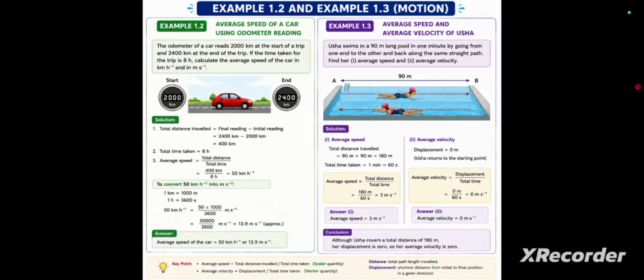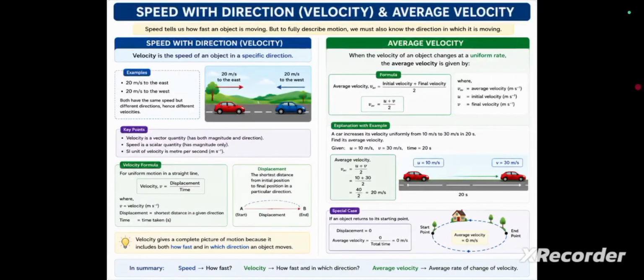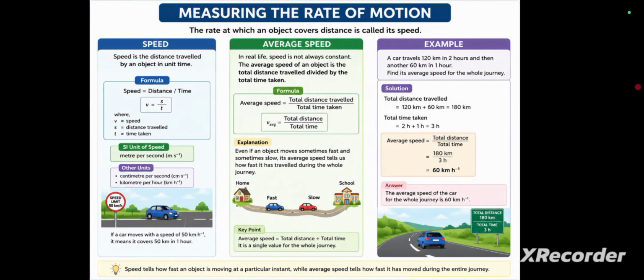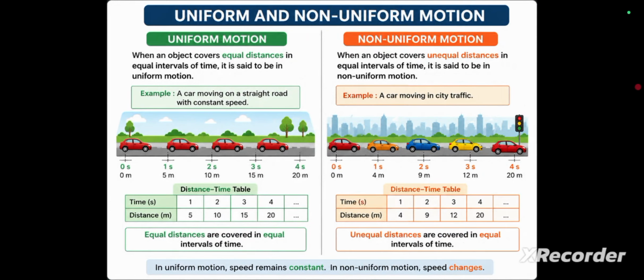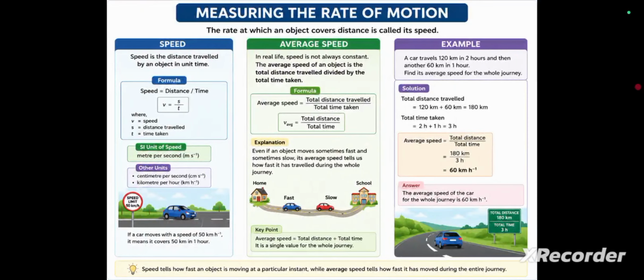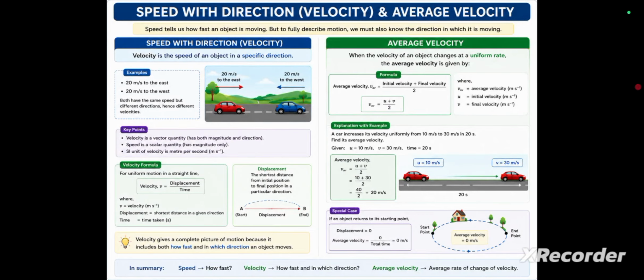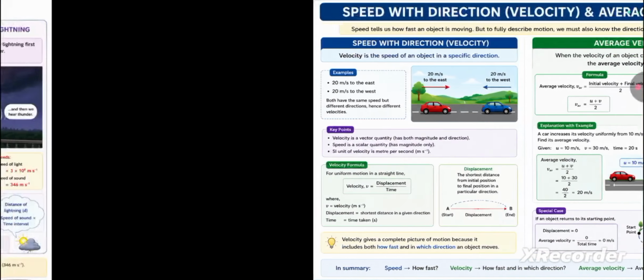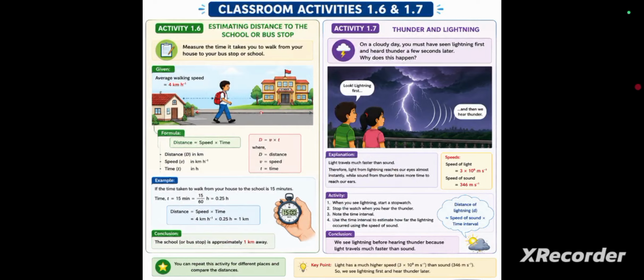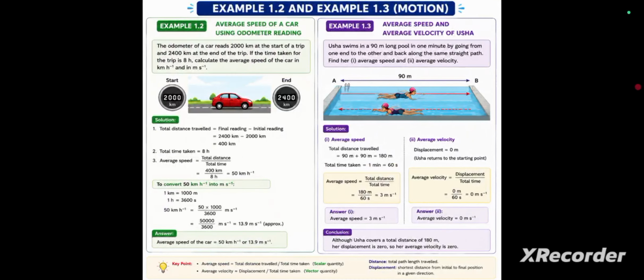I hope, my dear children, you have understood these topics: uniform and non-uniform motion, measuring the rate of motion, speed with direction, average velocity, some classroom activities, and the last one, some examples.